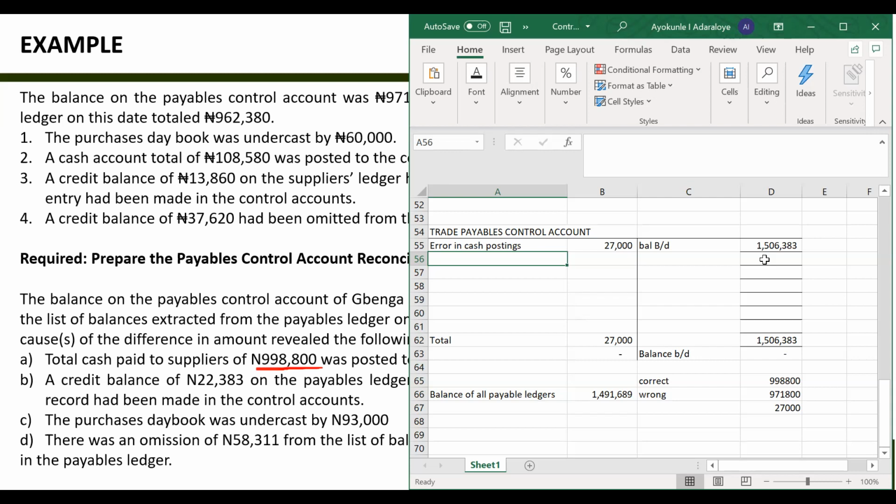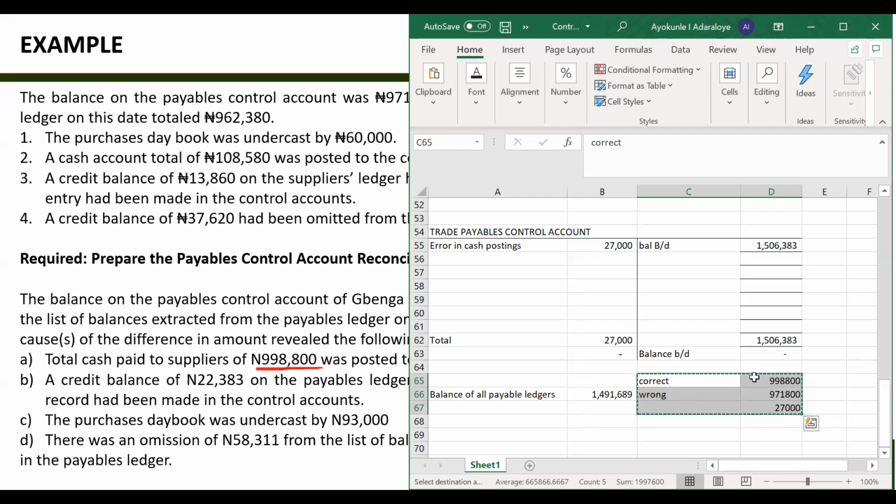Did I make sense? So in any way you are doing it, the correct amount minus the wrong amount. If you get a positive figure, it should go into the normal place where it should go. If you get a negative figure, then you should go to the other side of where it's supposed to normally go, right? So let's move on.